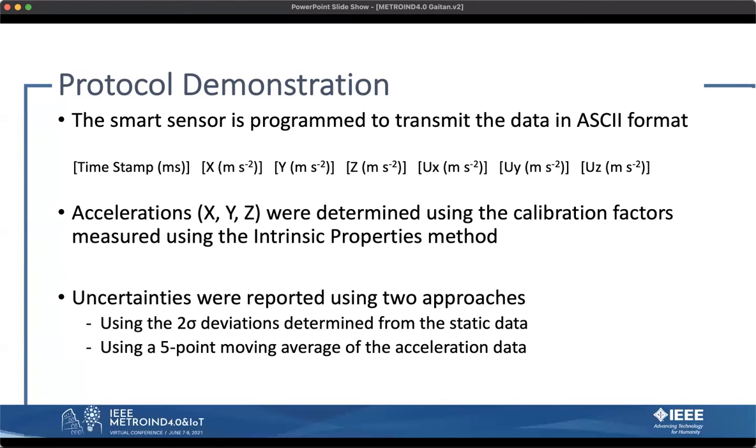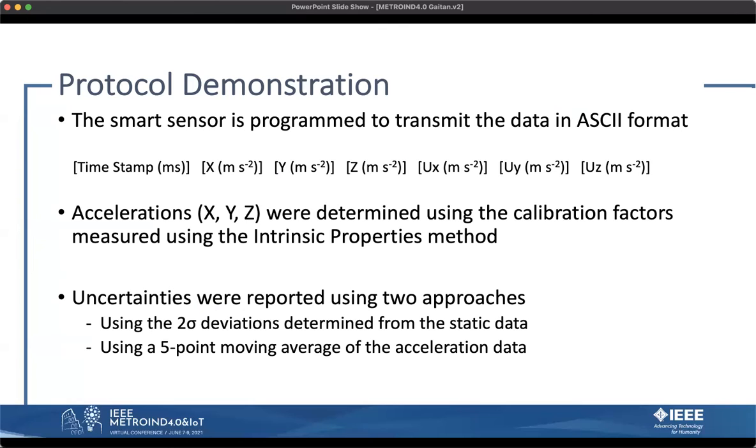Along with that, we also have our uncertainties reported, which I'm calling UX, UY, and UZ, also in meters per second squared. The accelerations X, Y, and Z are determined using the calibration factors measured with the intrinsic properties method, and the uncertainties using the static set of measurements that I just showed.